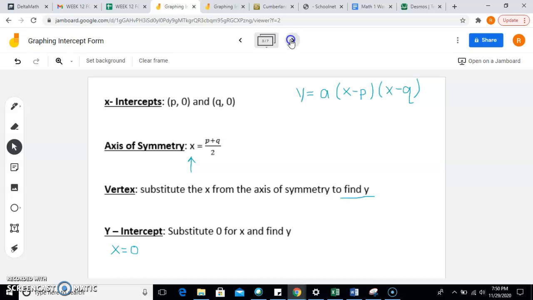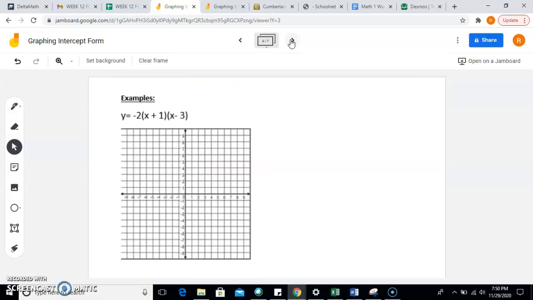So looking at my first example, for starters, my a value is -2, which means I know this opens down. So my vertex is going to be a max.